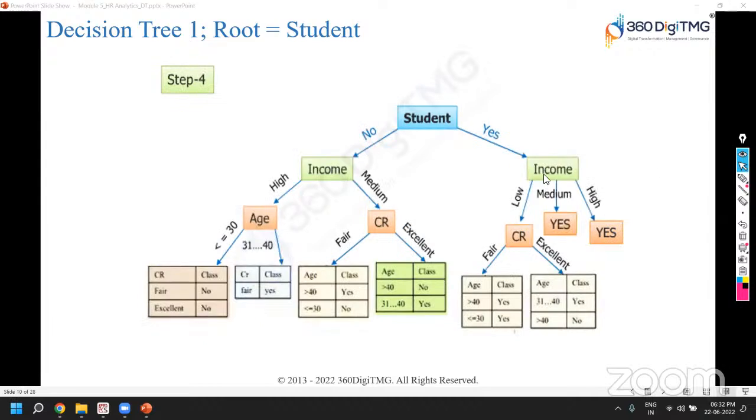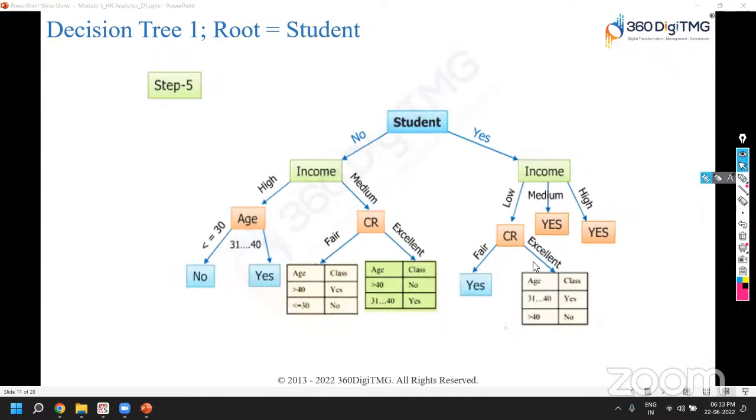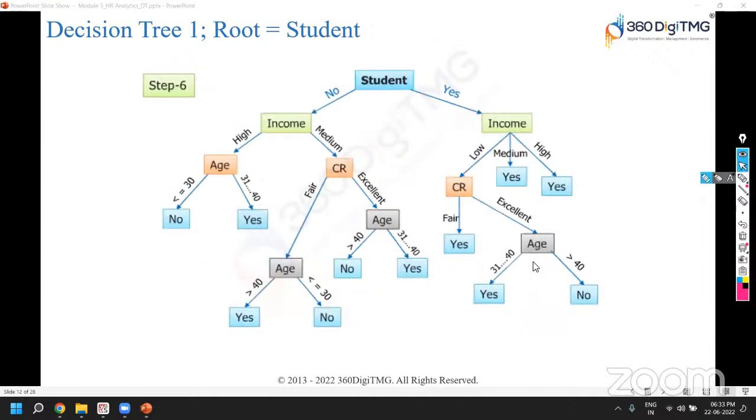When I further split it, some of the branches give me a case where we will be able to take a decision. Whenever you have multiple records and each of these records belongs to a different class, you will not be able to reach the right decision. So we keep splitting until we take the decision.